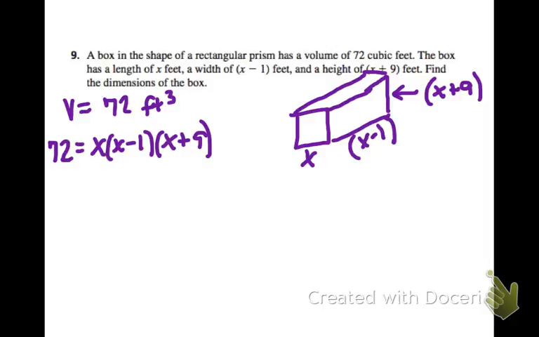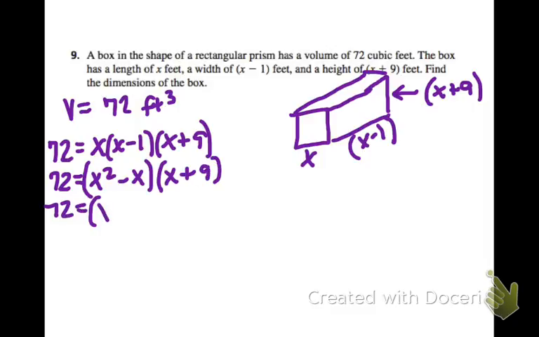Okay? When I start to solve these three factors, just like you would do any other thing, take first the first two factors. So 72 is equal to x squared minus x multiplied by x plus 9. So we'll get x cubed first. The outer would be 9x squared. The inner is negative x squared, and the last is negative 9x.